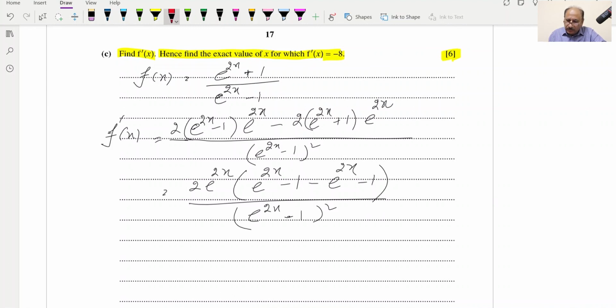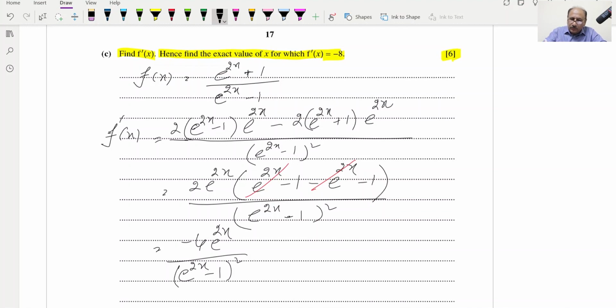And now we can cancel this one, and next step we can write this as, so minus 1 and minus 1 will result to minus 2, and this minus 2 will be multiplied by this 2, so we'll get minus 4 e raised to the power 2x, and denominator will be e raised to the power 2x minus 1 whole squared.